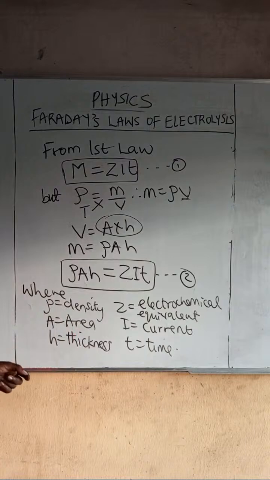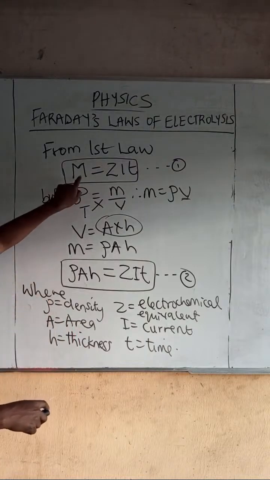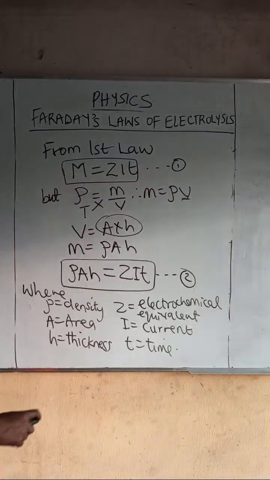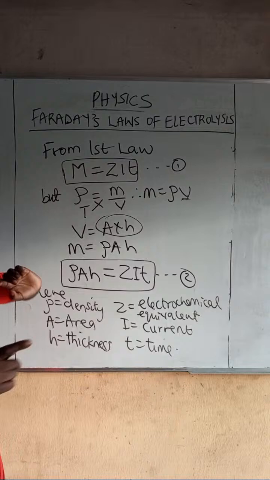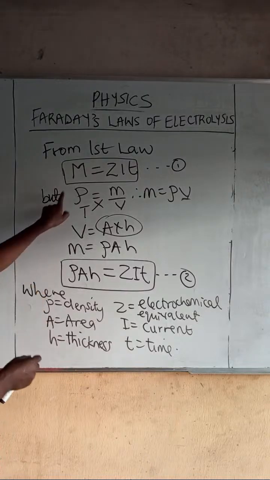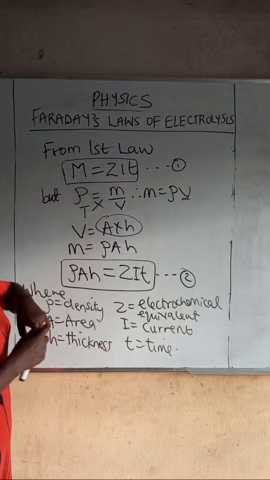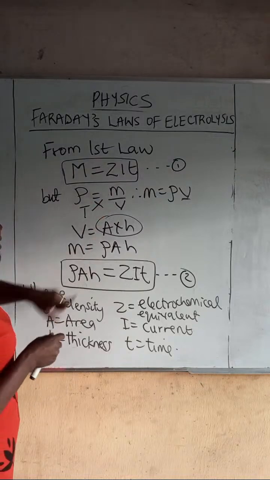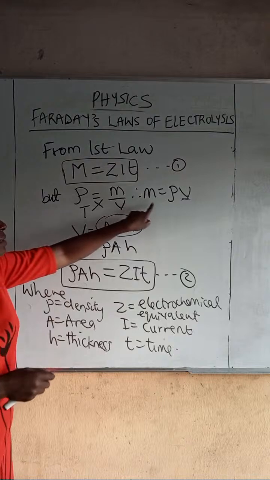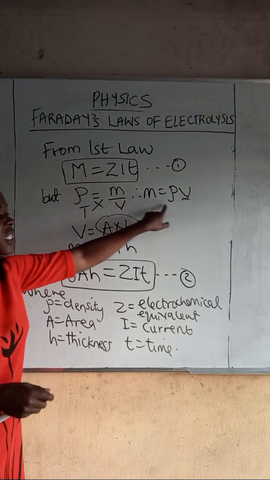I said from the first law, M is equal to ZIT. Okay, I want to generate another unit for this mass. If I remember that density is equal to mass over volume, then I want to make this mass the subject. I will cross multiply: mass times 1 is mass, density times volume is density volume.